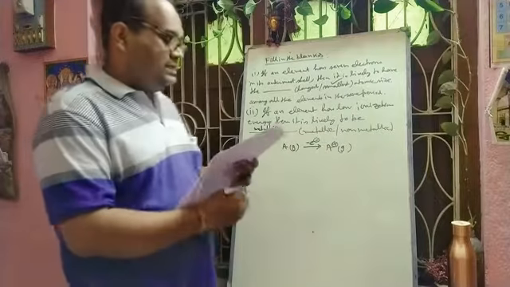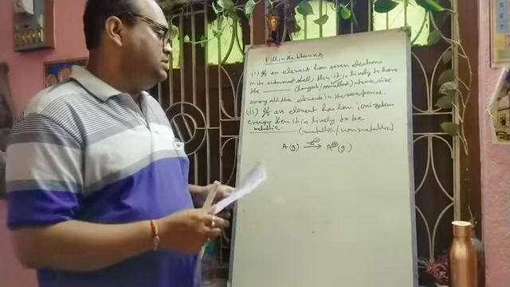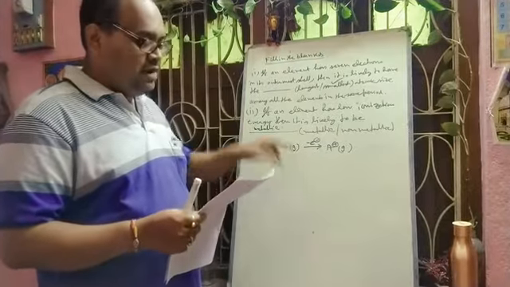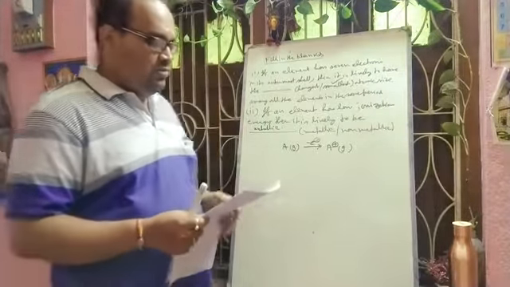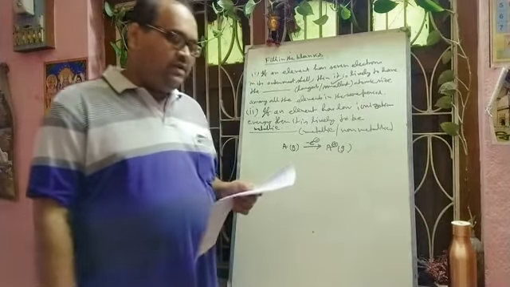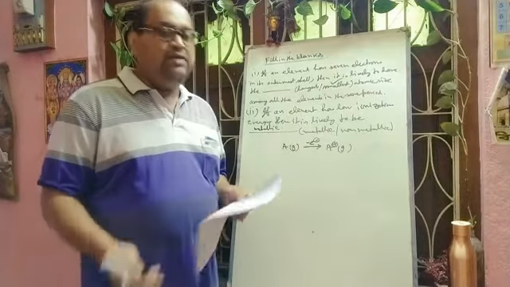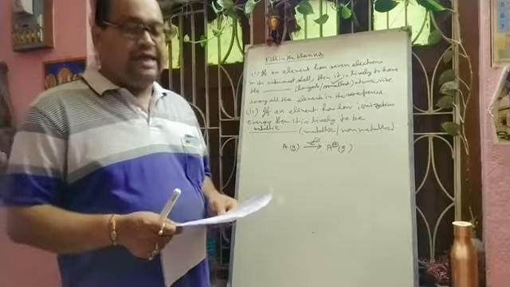Now what is the term we will use? The options are given: electron affinity, ionization potential, and electronegativity. Definitely it will be the ionization potential or ionization energy.